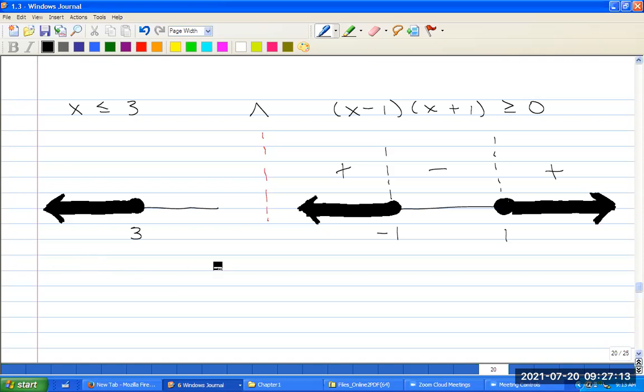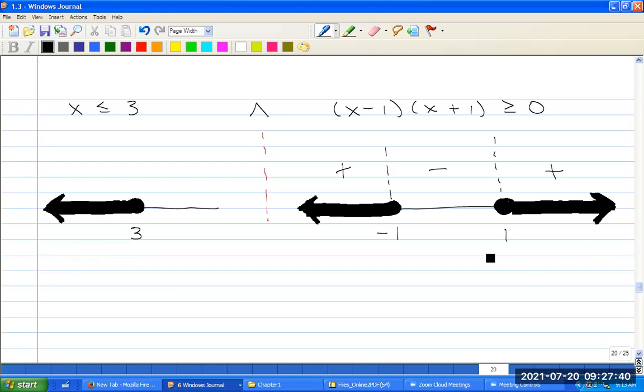Okay, so in this region, my first function, f, is defined. In this second region here, my second function is defined. So I want both functions to be defined. So I want to find the overlap between them, the intersection between these two. And so for this one, x is always less than or equal to 3.